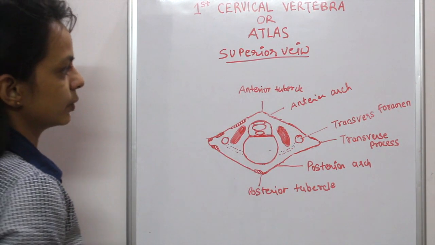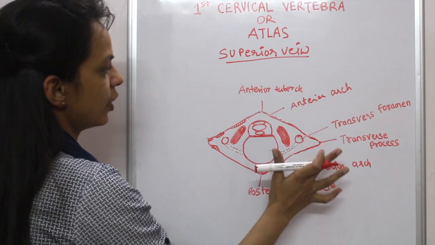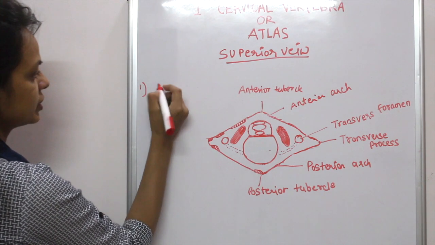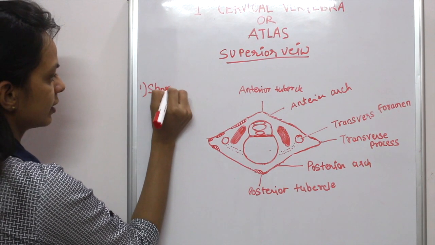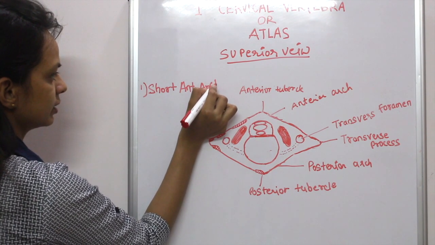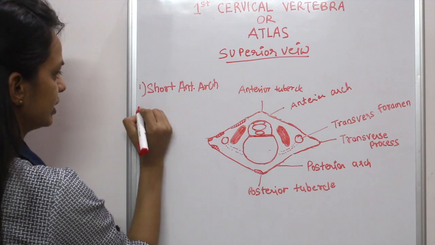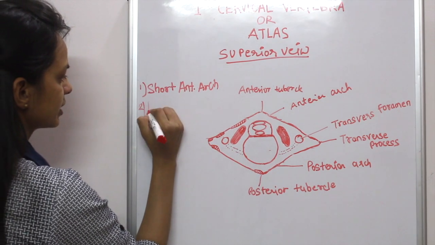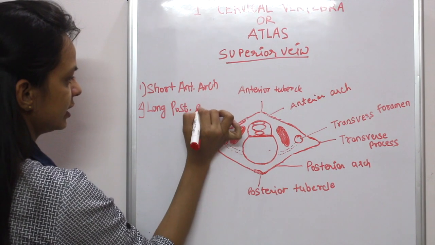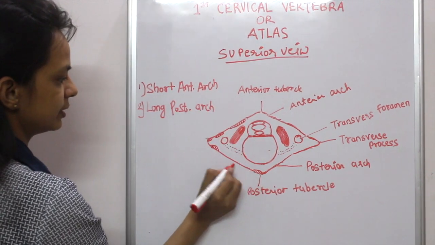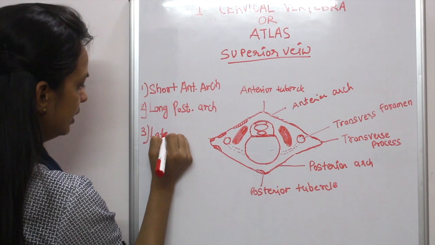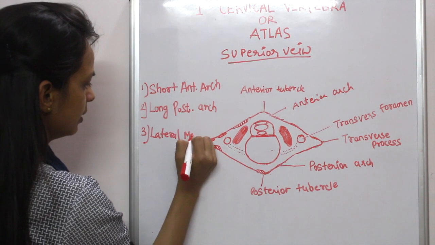Okay, so the main structures of this first cervical vertebra are, first, the short anterior arch. Second, the long posterior arch. Third, the lateral masses.